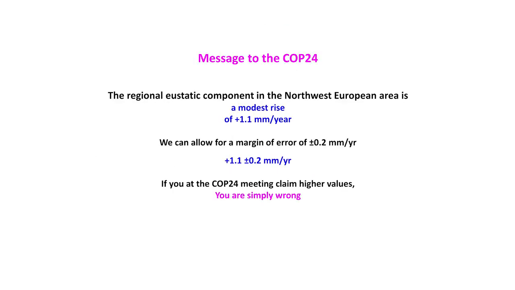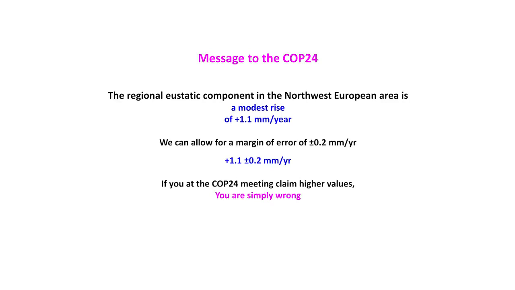So then I have a message to COP24. The regional eustatic component in the North region is a modest rise of plus 1.1 millimeter a year. You can allow for a margin of error of about 0.2. So say 1.1 plus or minus 0.2.